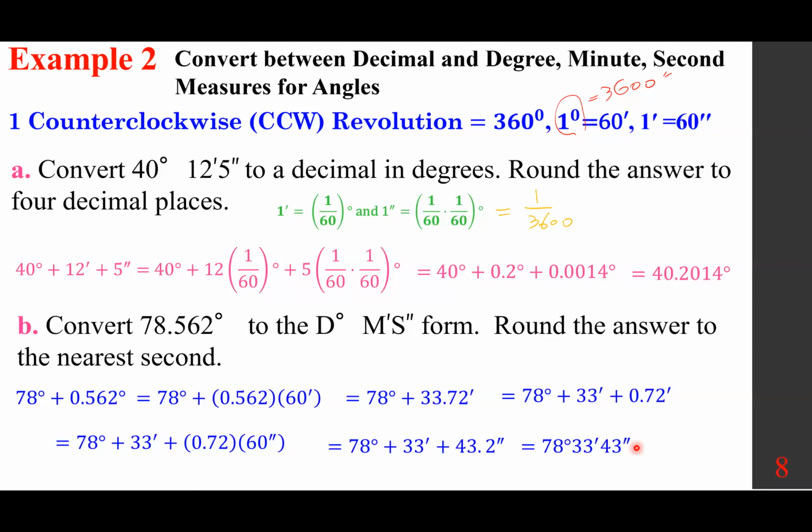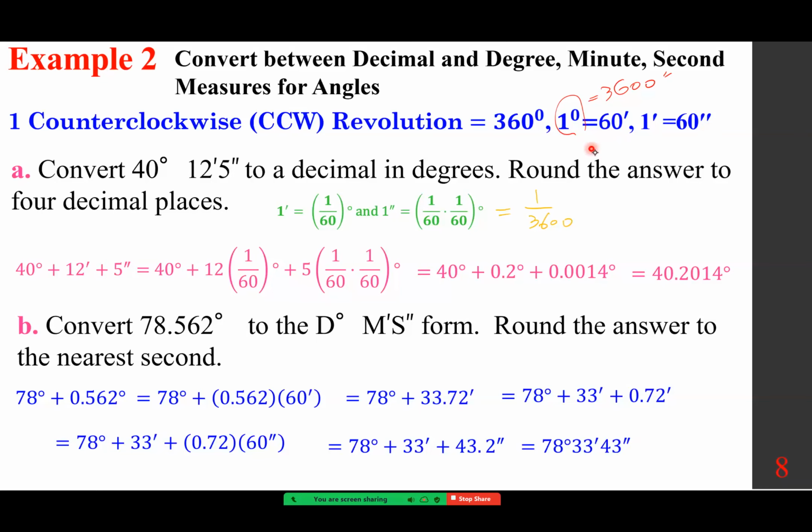A quick recap. A complete revolution is 360 degrees. 1 degree, we cut it into 60 equal pieces, we call it minutes. 1 minute, we cut it into 60 equal pieces, we call it seconds. So degrees, minutes, seconds.